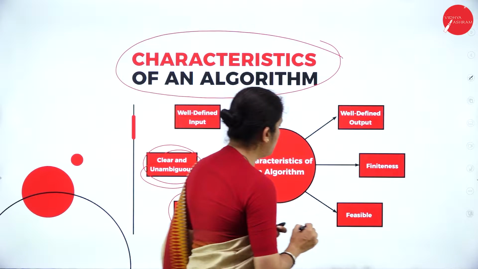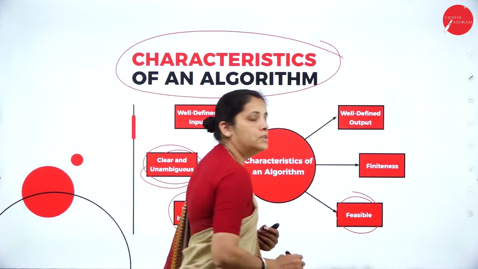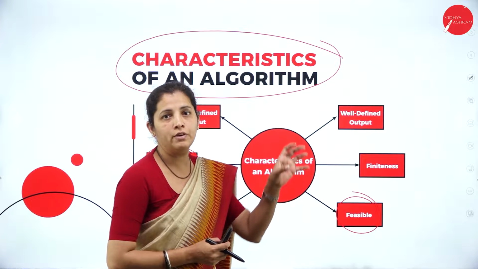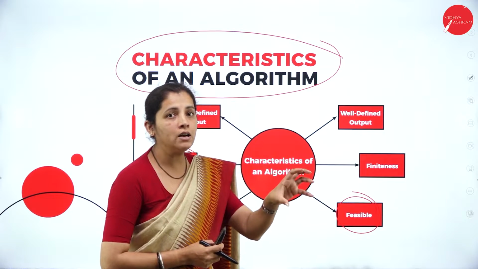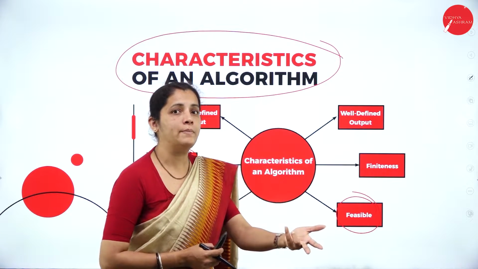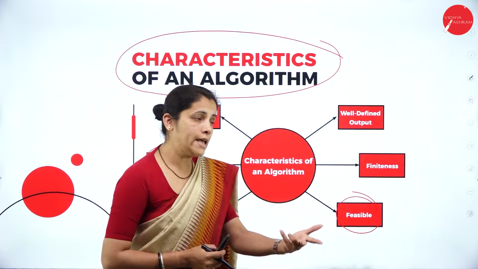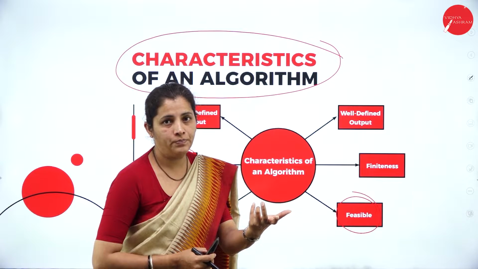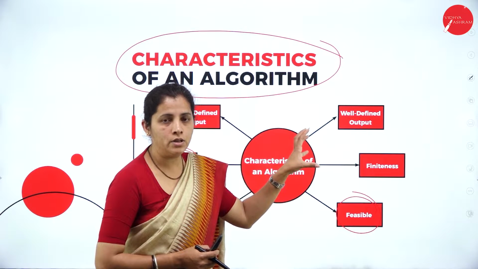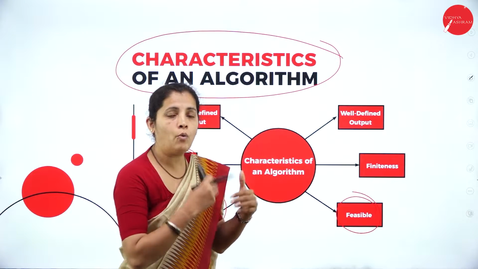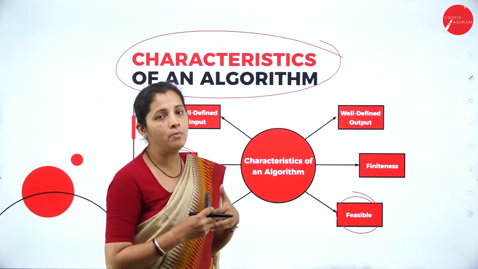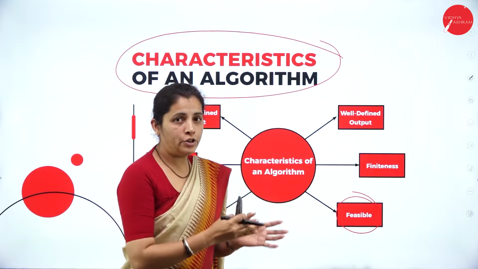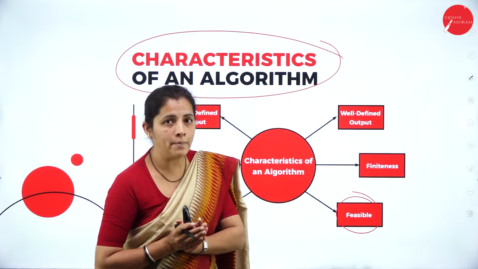Now, next I'm going to have feasible. Whatever feasible solution we get, it is approximate or exact. So I want to check the feasibility of the output. I know what the input is, I know what computation I want to perform, and after performing the computation, what kind of output I'm expecting.